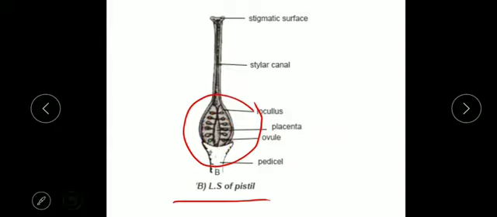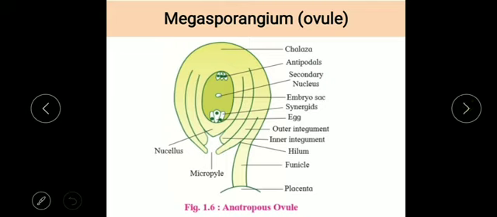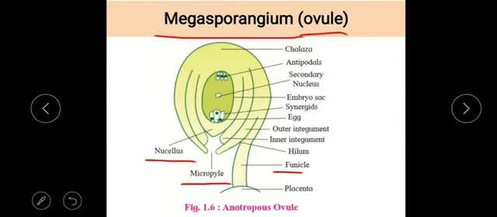Let us see the structure of the ovule. The ovule is also called the megasporangium, which shows different parts like micropyle, nucellus, funicle, placenta, integument, hilum, chalaza, and many more.